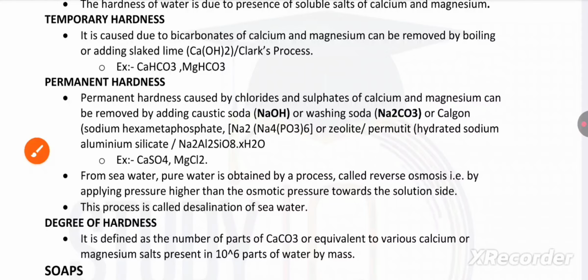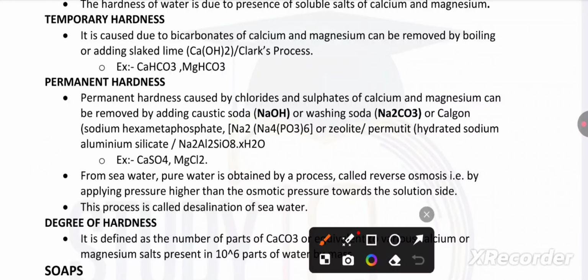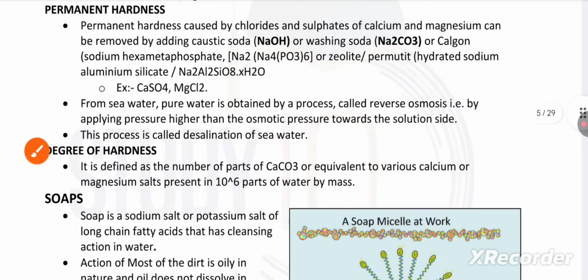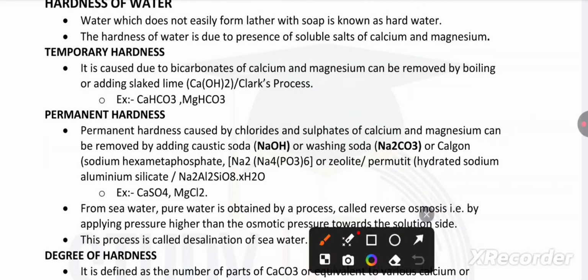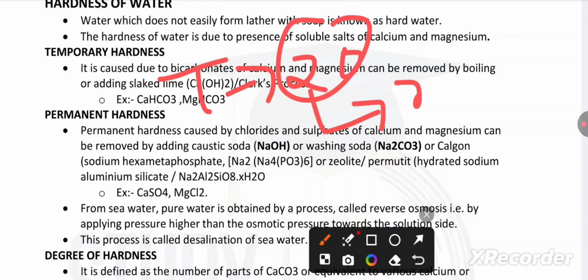And permanent hardness, for example, some of the examples are Ca(HCO3)2, Mg(HCO3)2. Permanent hardness is caused by chlorides and sulfates of calcium. The first one, temporary, is for bicarbonates of calcium and magnesium.